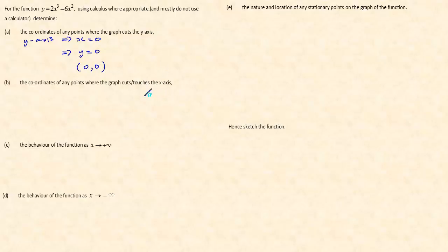y-axis. Now we want where it crosses or cuts or touches the x-axis. For the x-axis, that tells us that y is equal to 0. So 2x cubed minus 6x squared is equal to 0.